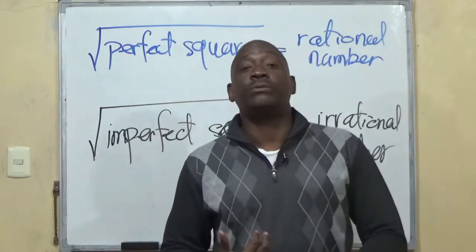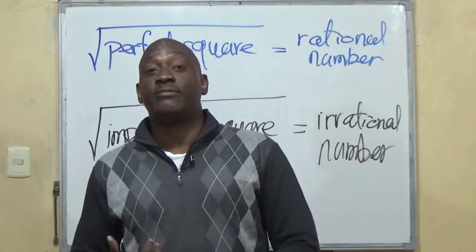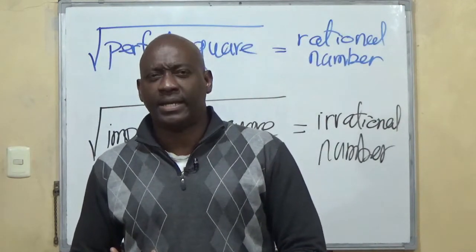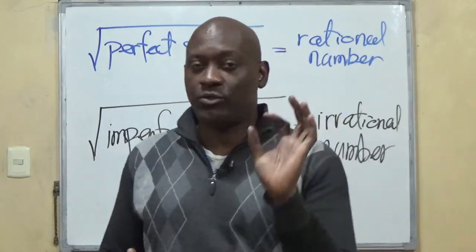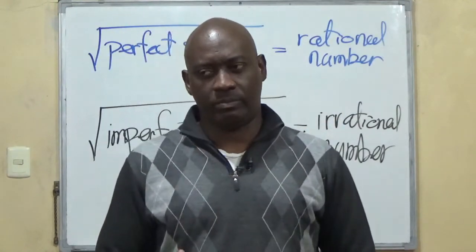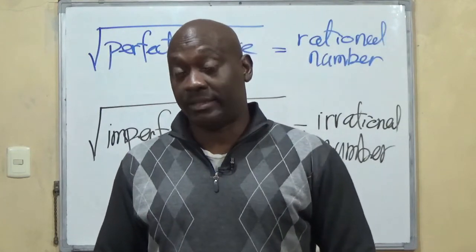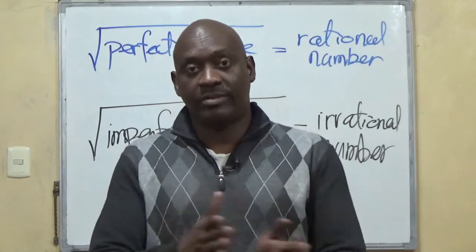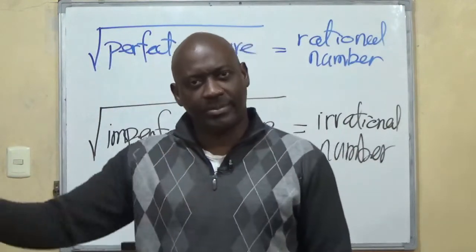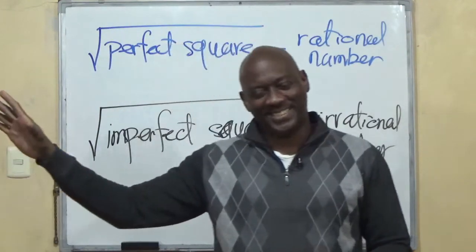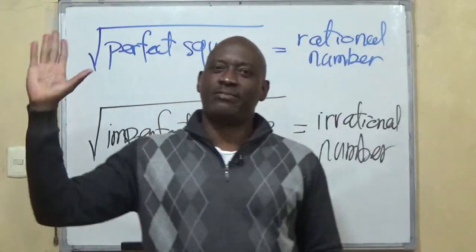We said also that when you divide by a prime number, with the exception of 2 and 5, you will get an irrational number. 1 divided by 2 is 0.5. Anything divided by 2 is something 0.5. Right? 1 divided by 5 is 0.2.